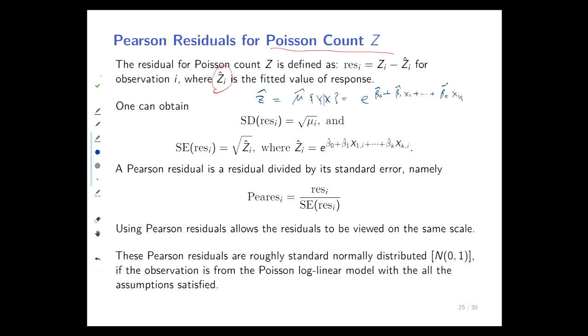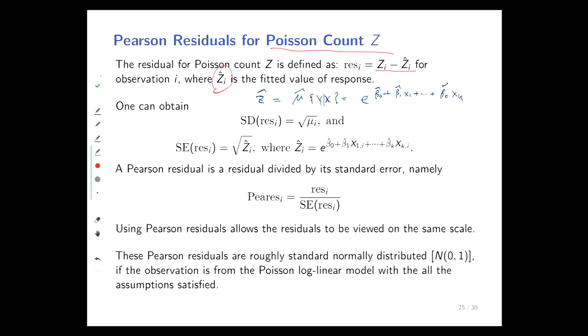So that's the fitted value. Given each value of x, we can obtain a fitted value. If we compute the difference between the observed value and the fitted value, we can obtain the residual. The next step is to obtain the standard deviation.